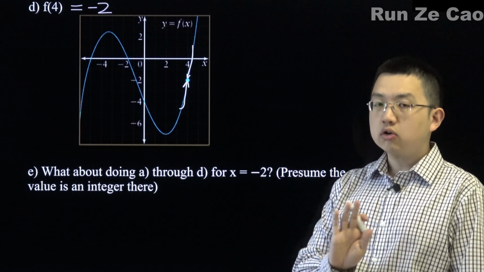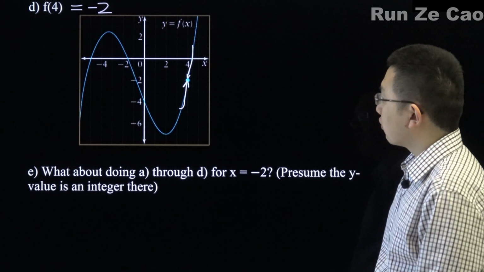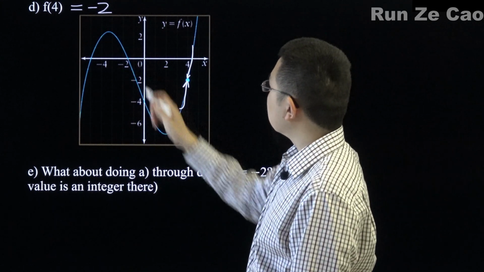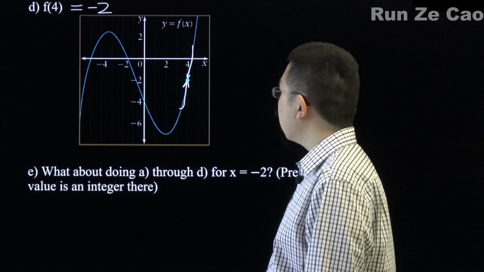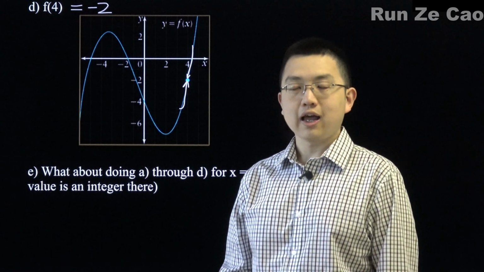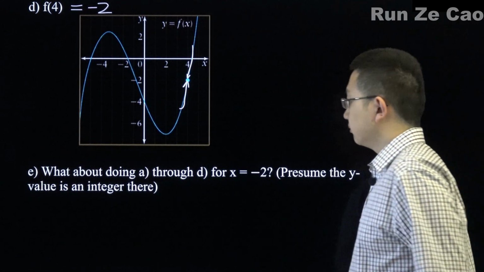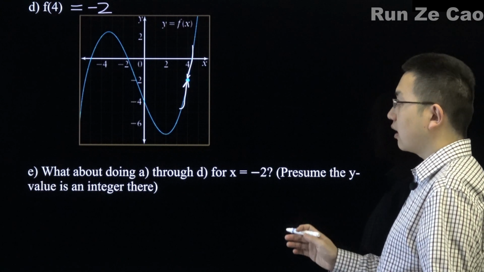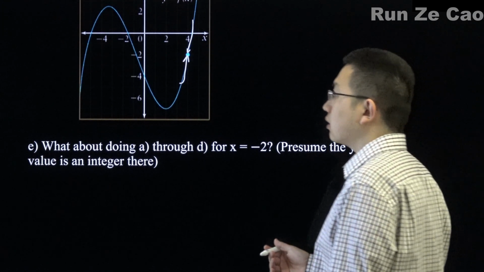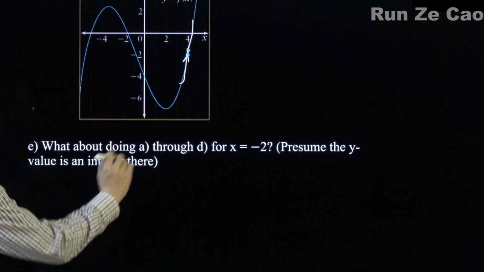We should generally not do it if possible, because for all we know, the y-intercept could be negative 3.99 or something like that. So if they point out that it's supposed to be an integer, treat it as such. Otherwise, it's your plan B, so to speak.